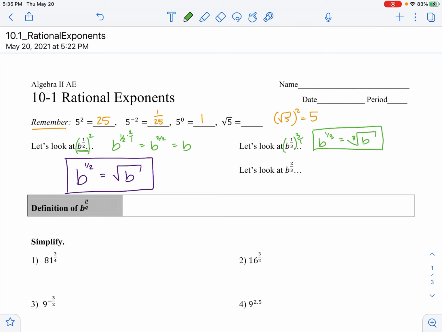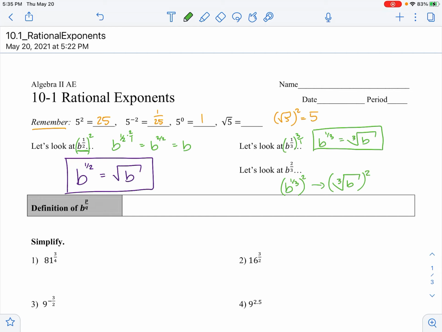What about b to the 2/3? Well, I just gave you a hint a minute ago. What could I do to think about b to the 2/3? I could think about that instead as b to the 1/3 all being squared. We now know the 1/3 power of b is the cube root of b. And what am I doing to that? I'm squaring it.